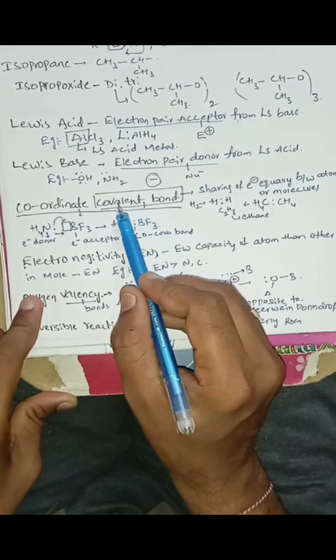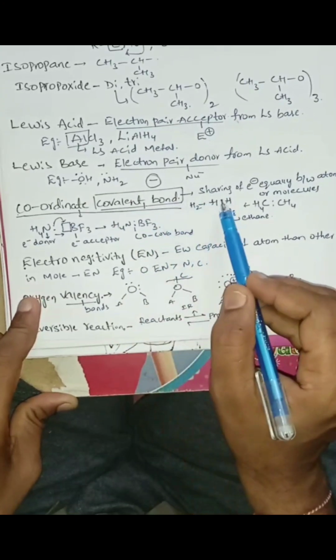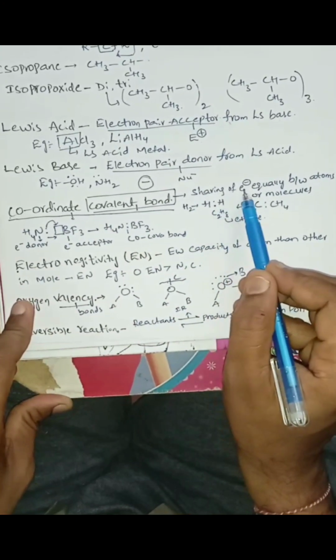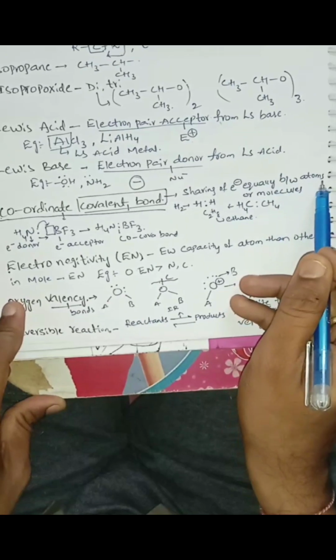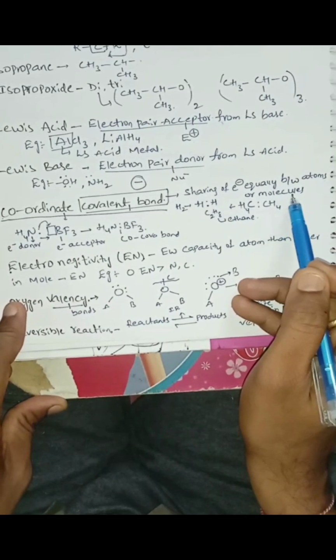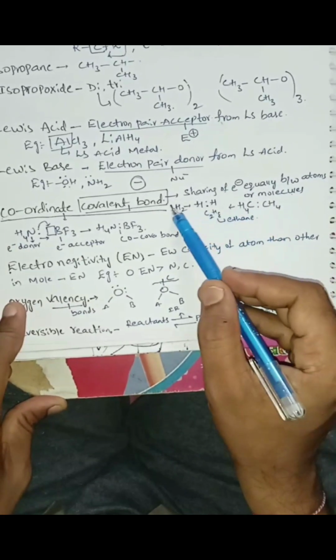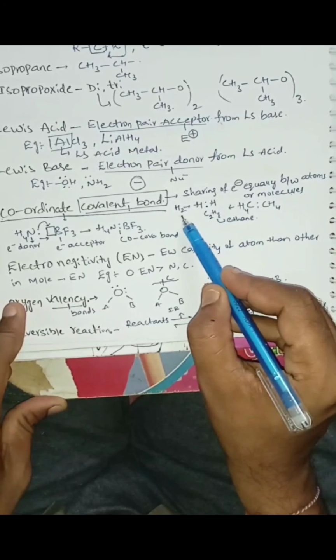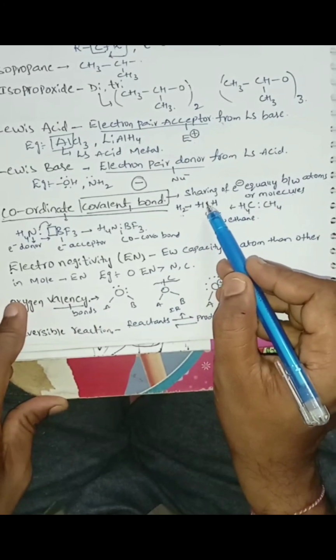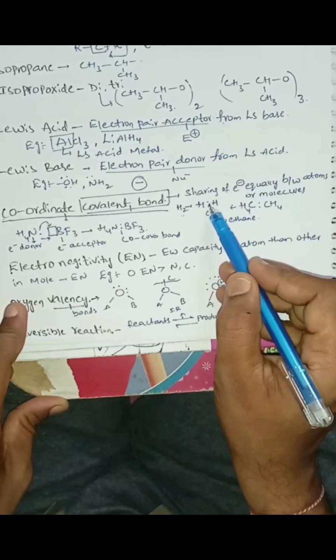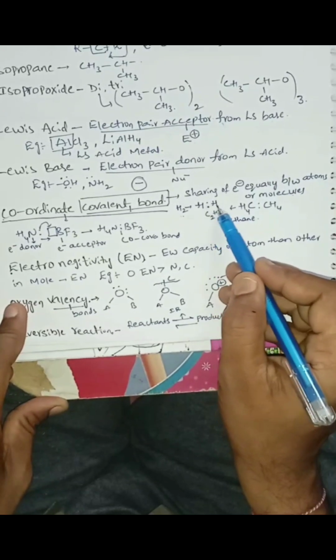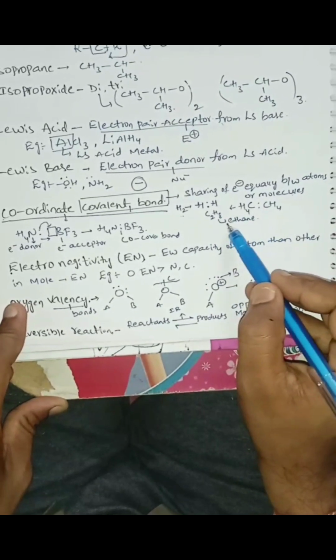Before going to that, we discuss the covalent bond. Covalent bond means sharing of electrons equally between atoms or molecules, so that bond is known as a covalent bond. Suppose hydrogen: it is formed by equal sharing of electrons between two hydrogen atoms. The next one is ethane.